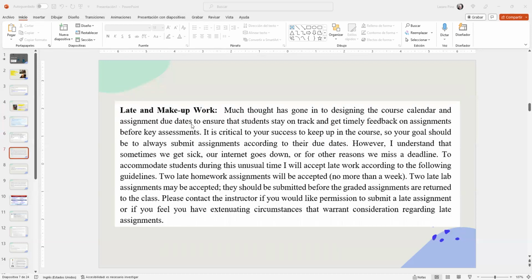Here you have the policy for late and makeup work. You can read it, stop the video, or you can go to the syllabus and you can read it.